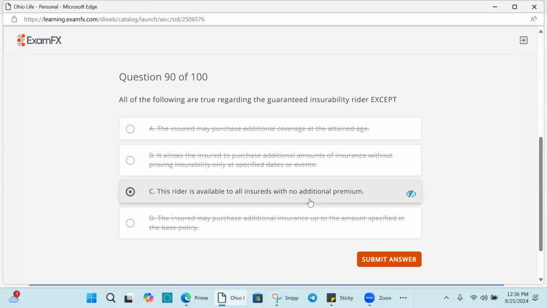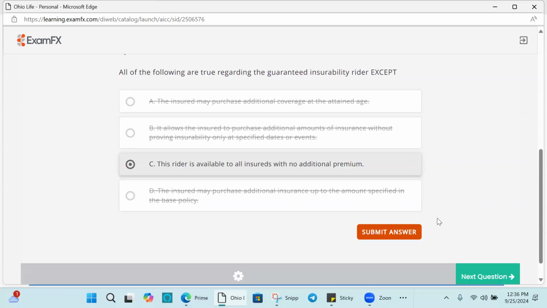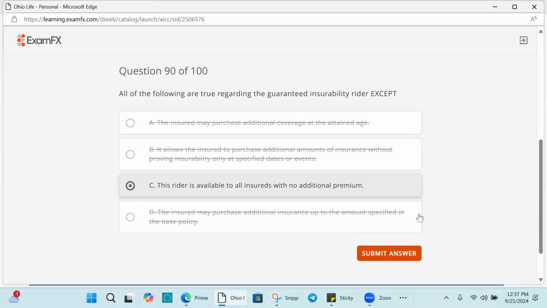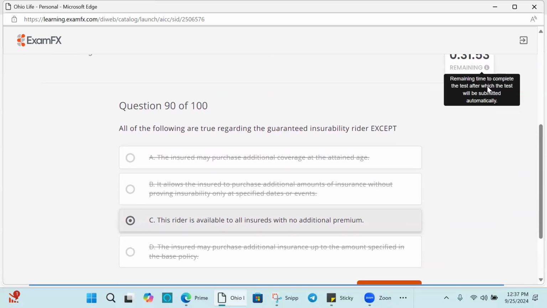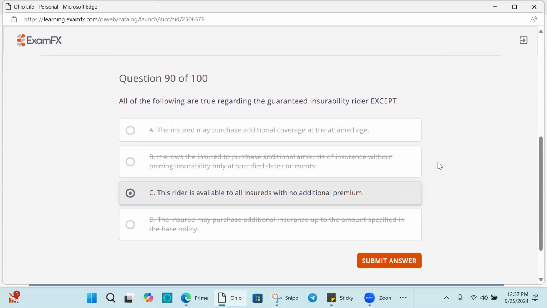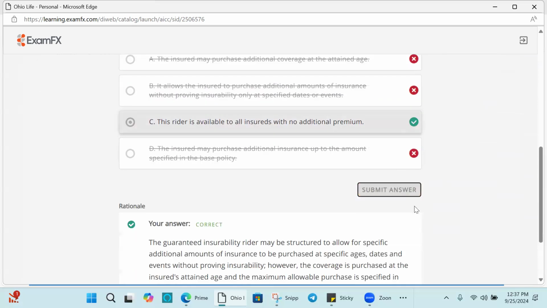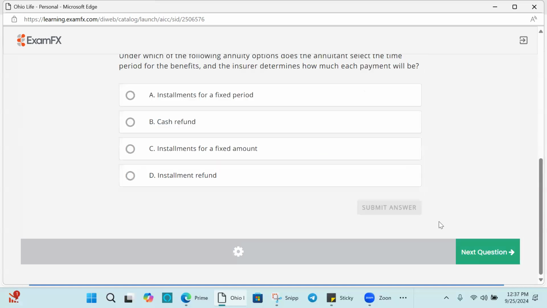Am I right? It does cost extra money. So yes. Okay, all right.